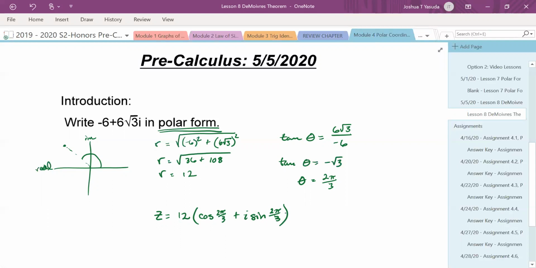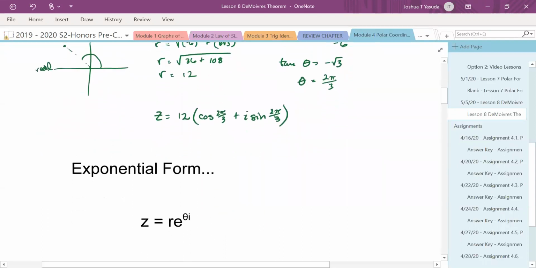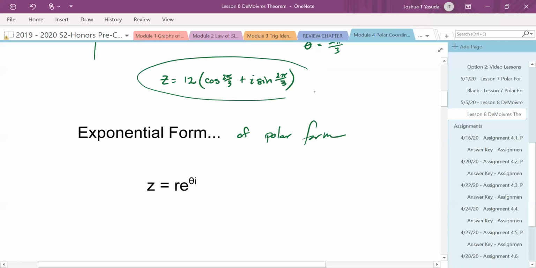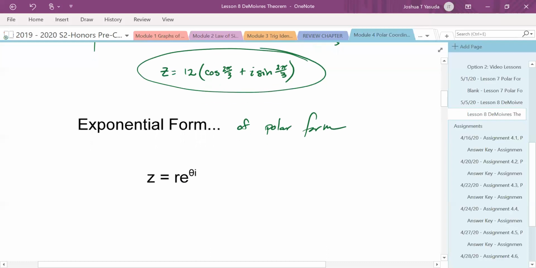So there's this other way of writing this complex number in polar form. There's an exponential form, and I just want to say it's still polar form. We're still using the same radius and the same angle of this guy.